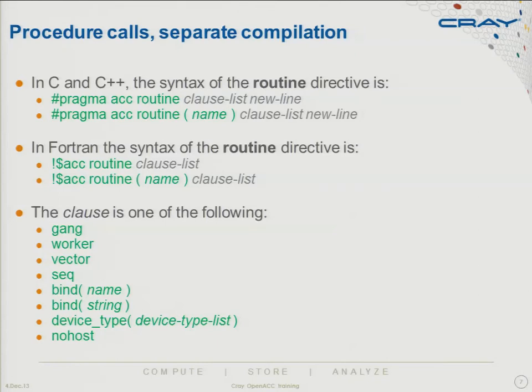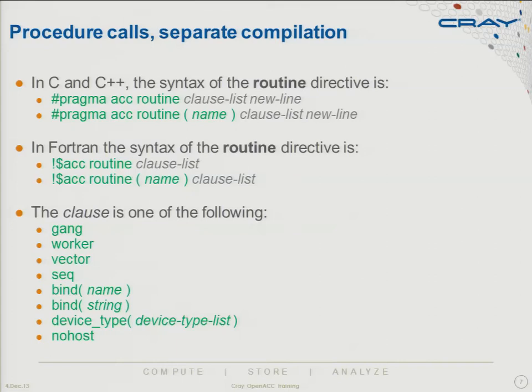So the idea of the routine directive is that you can provide a way of giving a routine that's somewhere else and saying it's already on the GPU and controlling the scheduling, so that this routine should only be scheduled at the vector level because it will be called from another loop that's scheduled at the gang level. And routine gives you a way of controlling this scheduling.